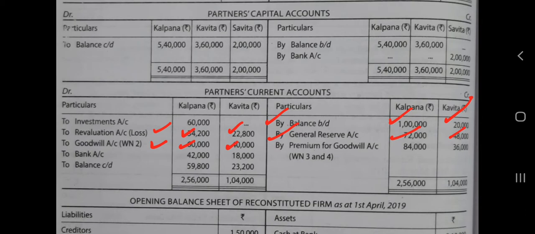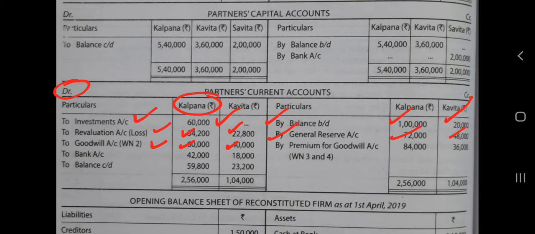Next, Kalpana has taken over investment. I just now told you the entry for Kalpana taking over the investments. The entry was Kalpana's current account debit to investments. So Kalpana's current account debit, this is debit side, to investments, in Kalpana's column. Now the new partner has brought goodwill also. When a partner brings goodwill, it is distributed between sacrificing partners in sacrificing ratio.